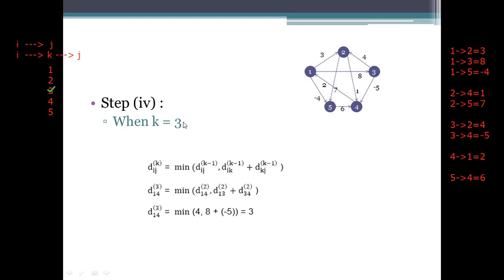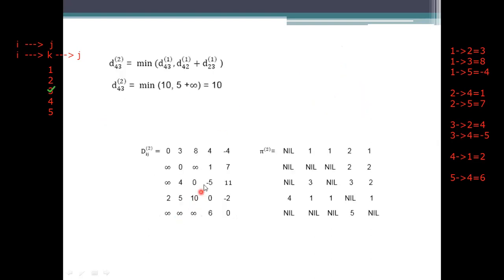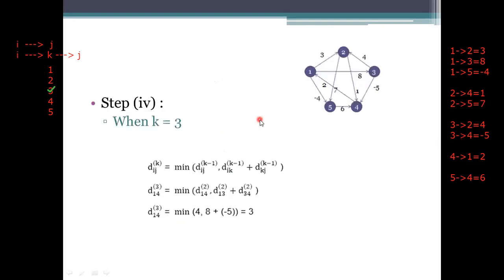Now, if you see this one, 10 is there now. We need to see whether to update this value or not. The value we have chosen, 1 to 4, has been specified. If there exists a path, we need to see which is having the minimum value. There exists a path by using the 3.